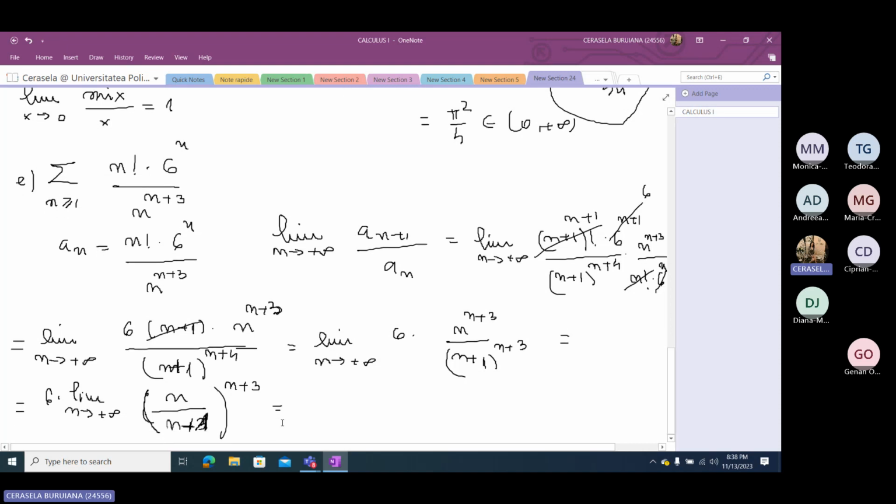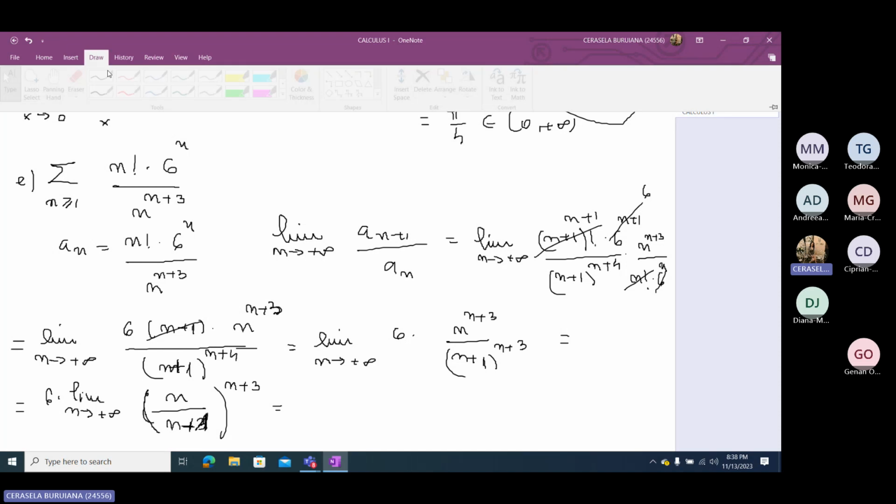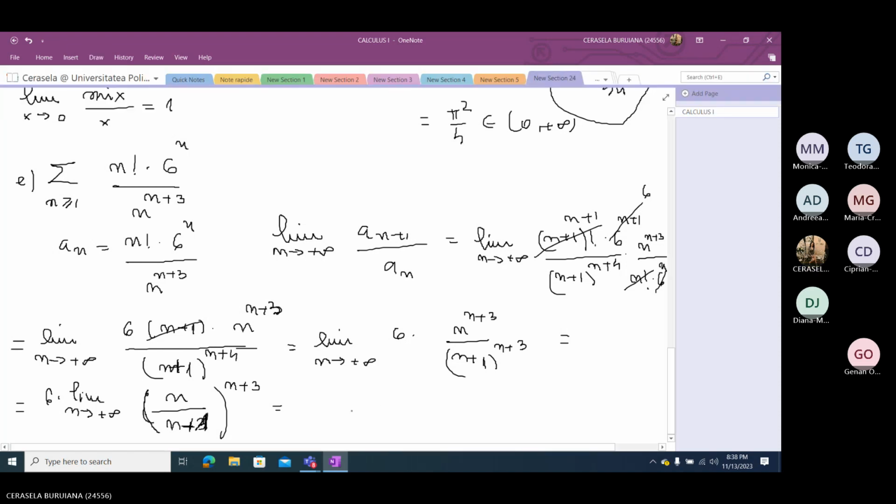Now, what can I do here at this limit? It's a classic limit. If you remember, we may add and subtract 1 if we want, and it will be (1 minus 1 over n plus 1) power minus (n plus 1). So that's a classic limit from high school.